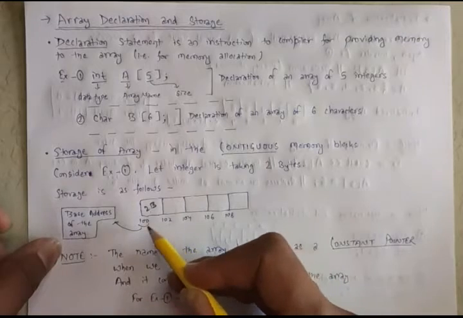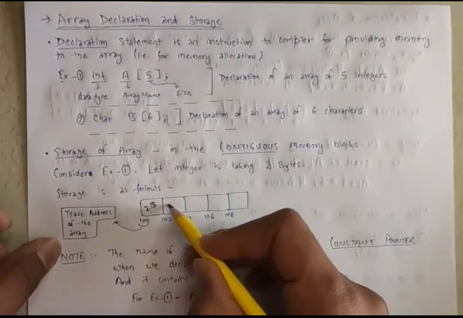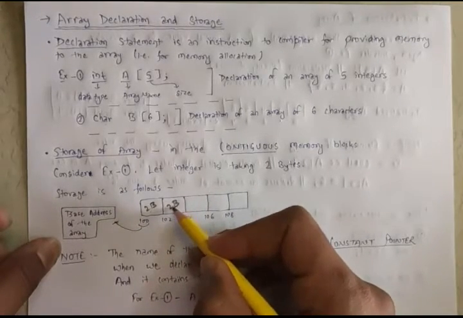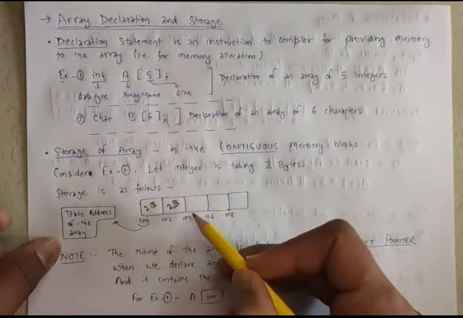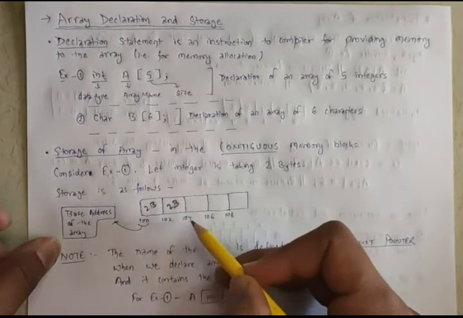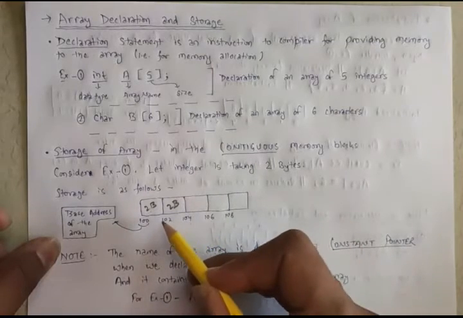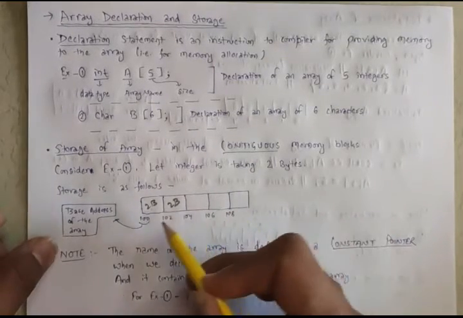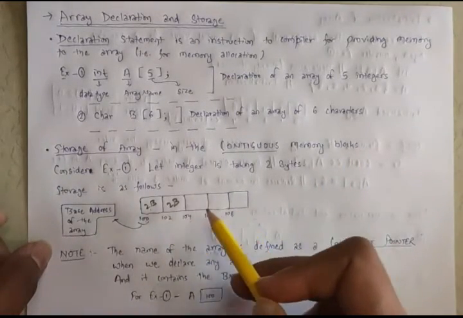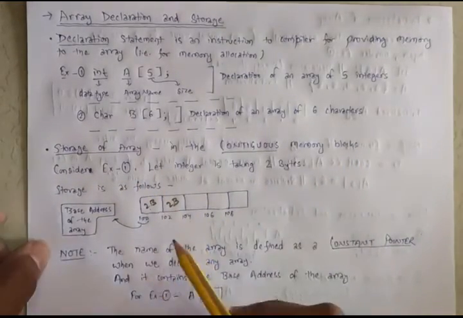Again, this element would be taking 2 bytes. So the next element should be stored at 102 plus 2, that is 104. This is called the contiguous memory allocation. In this way the array is always stored.